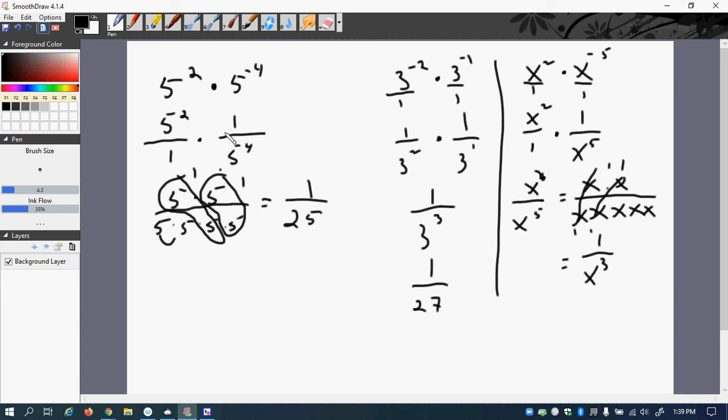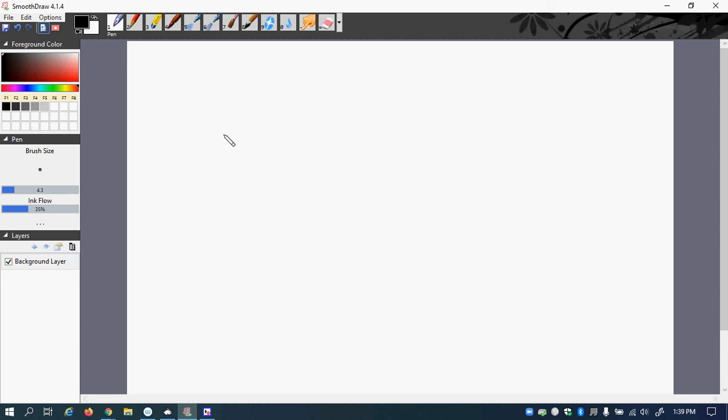Let's say we do a different thing. Let's say we have parentheses y to the 3rd power, and that's to the negative 4th power. We can go ahead and multiply these exponents. Since 3 is positive, that's y to the negative 12.